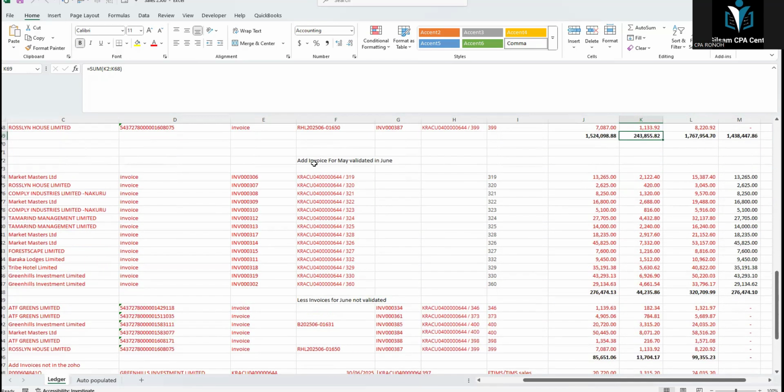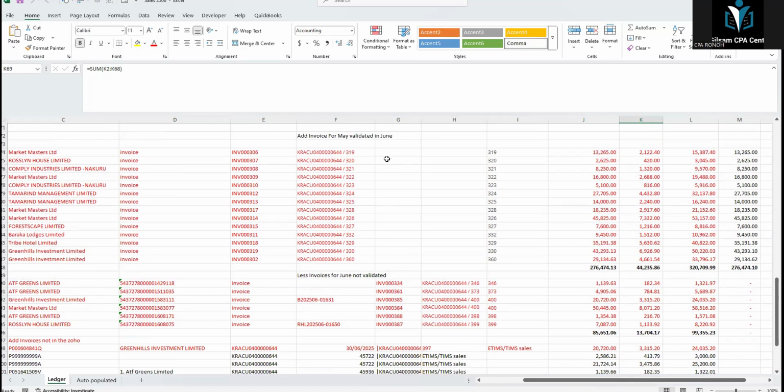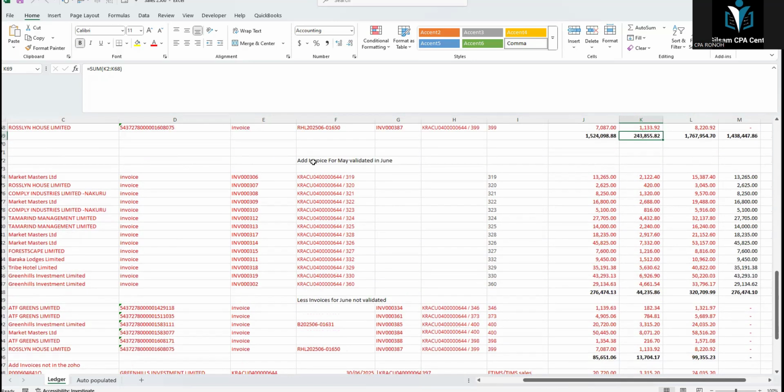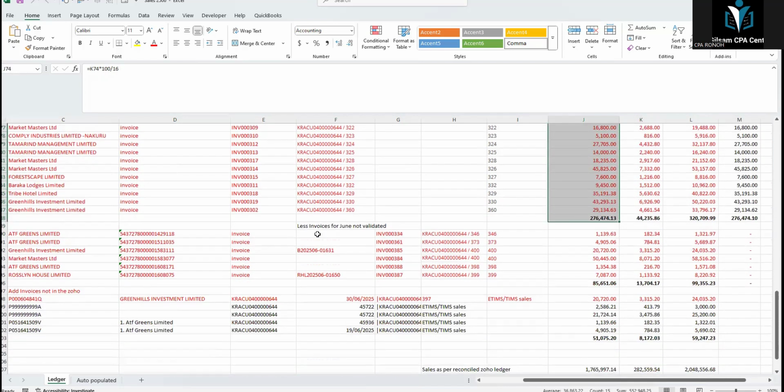For example, there are some invoices for May which were validated in the month of June. So we will add back the invoices for May validated in June. Also, there are some invoices in June which have not been validated, or have not been pushed to the eTIMS section, so you subtract.